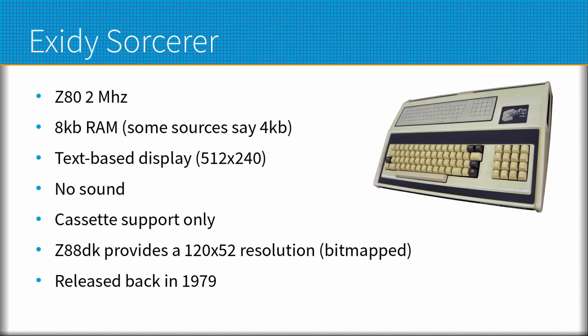This was a pretty nice text-based computer, but however, there were no graphics. So you had to emulate a graphical display using the text layout, and that means that each character was 8 pixels by 8 pixels.